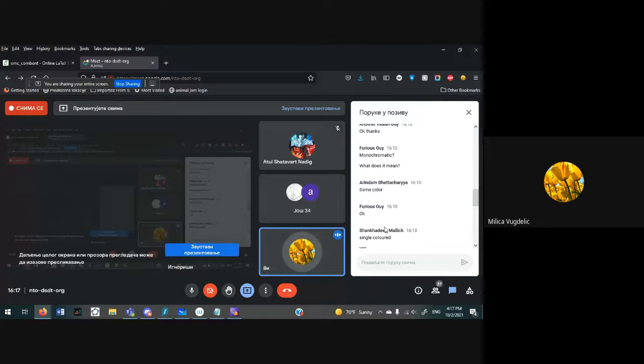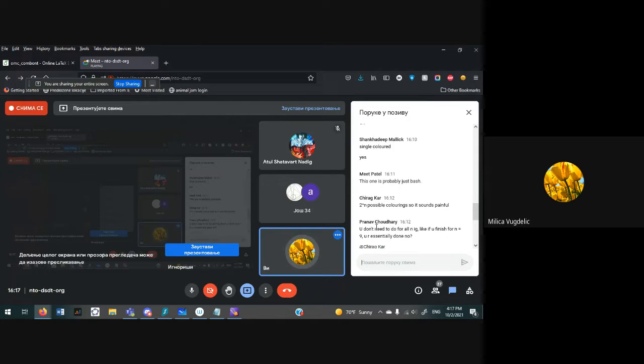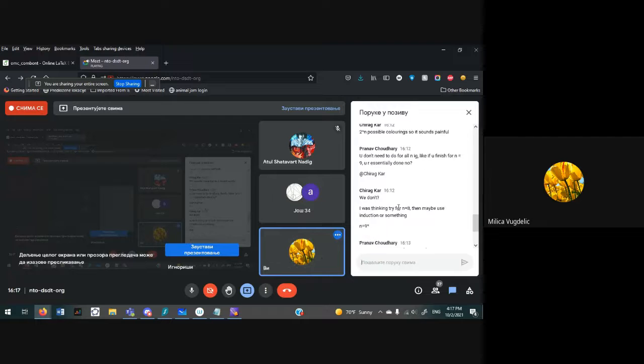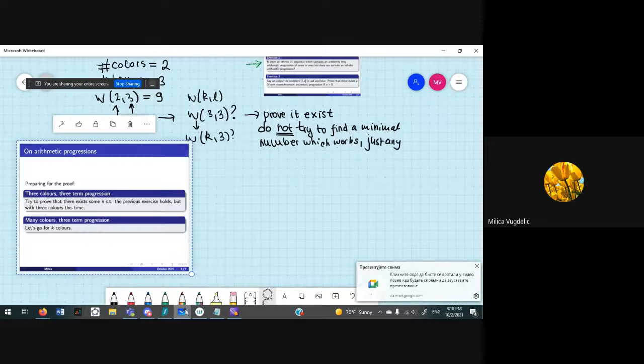Yeah, I forgot to say that monochromatic means single colored. That's terrible. And when I was talking about solving this 3-3 problem, what I meant by do not try to find the minimal number which works is that just try playing to see if you get any kind of intuition which will help us for the even more colors.